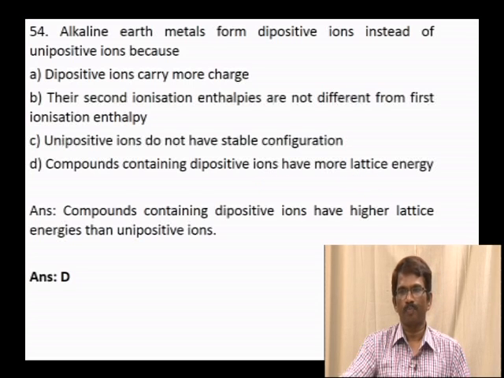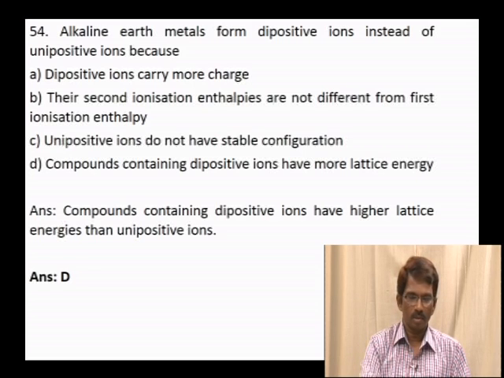lattice energy. And we know the lattice energy is directly proportional to the charge on the ion and is inversely proportional to size. Therefore, the alkaline earth metals form di-positive ions because of the higher lattice energies compared to unipositive ions.